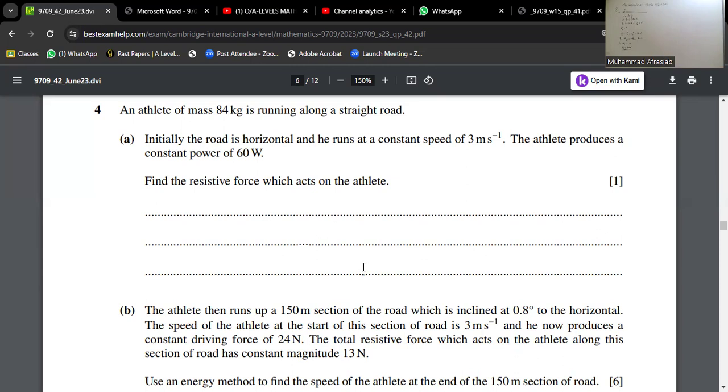The speed of that athlete at the start of the section is 3 meters per second, and he produces a constant driving force of 24 Newton. The total resistance force which acts on that particle on that section of this road has a constant magnitude of 30 Newton. Using the energy method, find out the speed of this athlete at the end of the 150-meter section of that road.